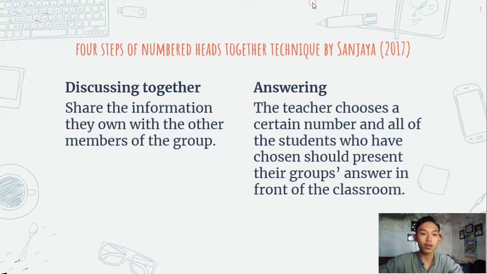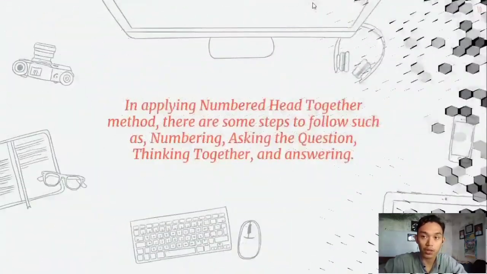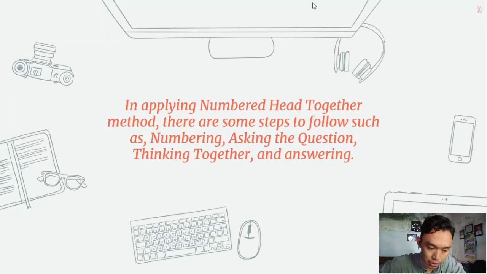Now we go to the last chapter, that is the conclusion and the suggestion. From the discussion, we can conclude that in applying the number heads together method, there are some steps to follow. The first step is numbering. The second step is asking questions, the third step is thinking together, and the last step is answering.